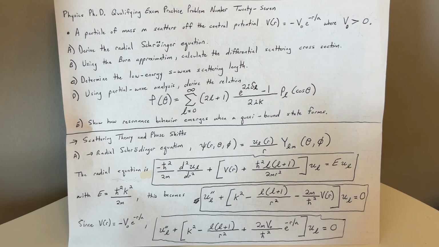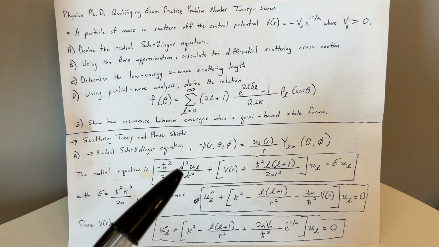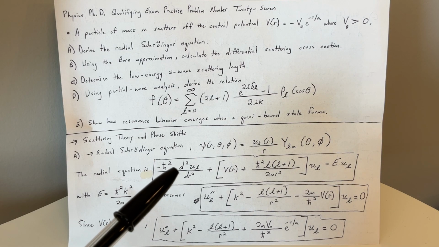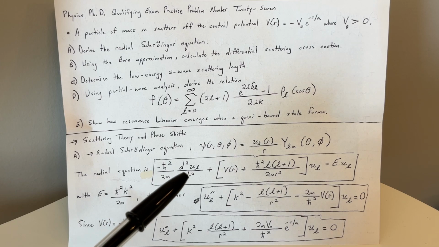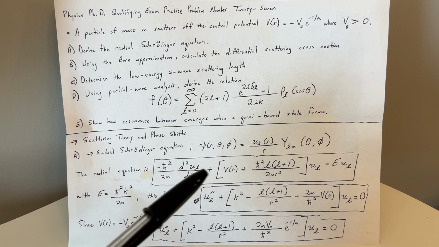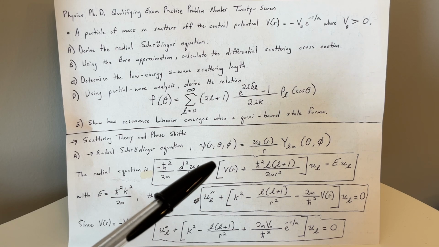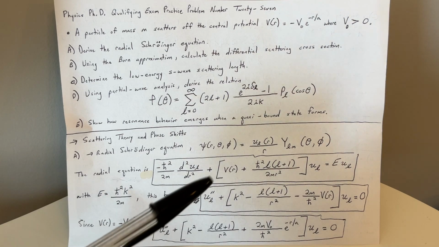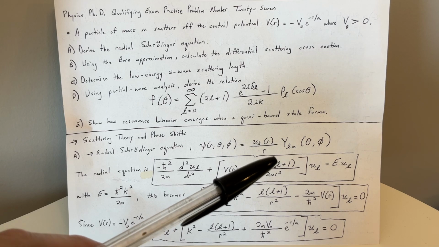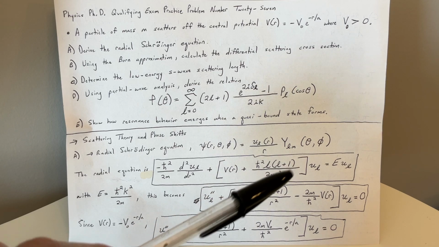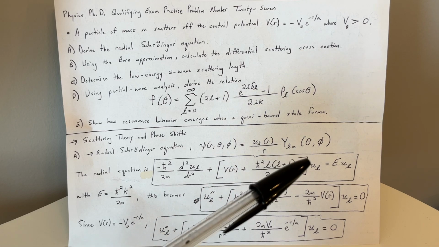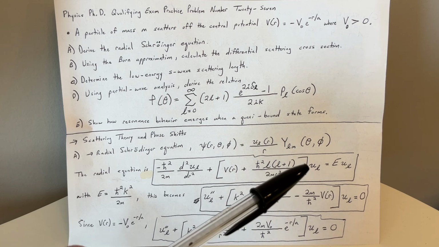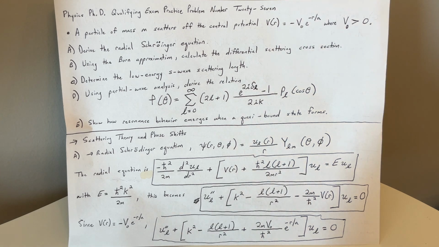So the radial equation is negative h bar squared over 2m, and then we have the second derivative of u sub L with respect to r, plus the bracket V of r plus h bar squared L times (L plus 1) over 2mr squared, close bracket, times u sub L, and that equals E u sub L. So that's the radial equation.